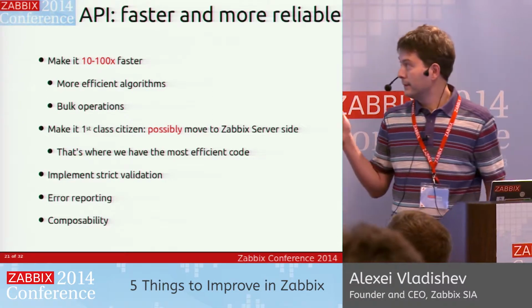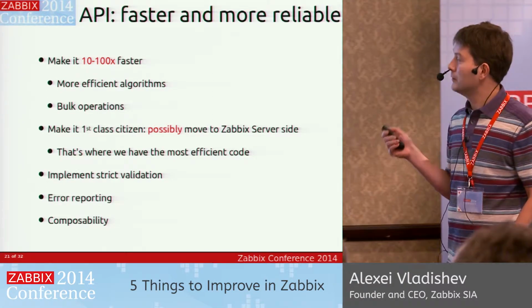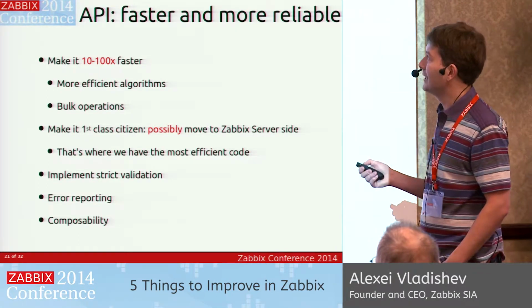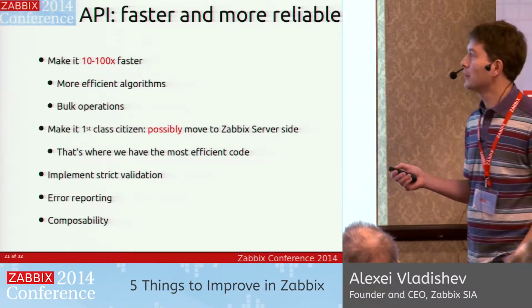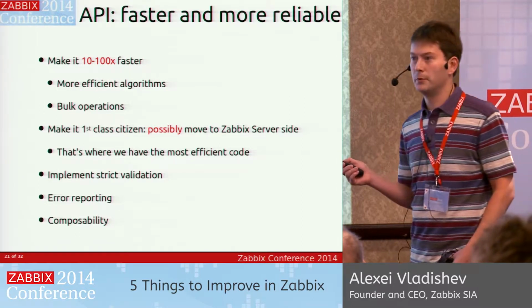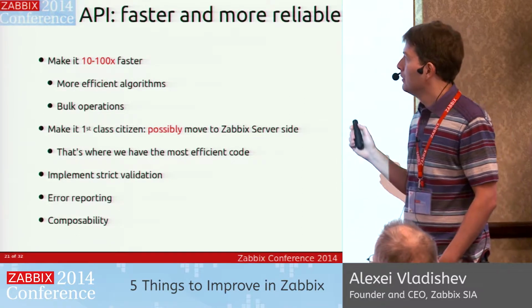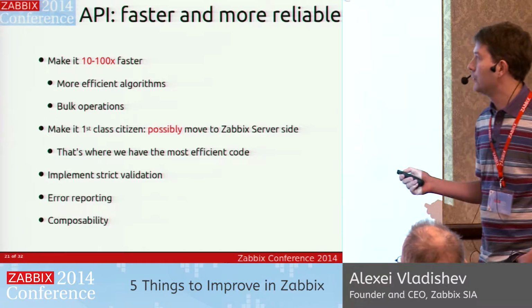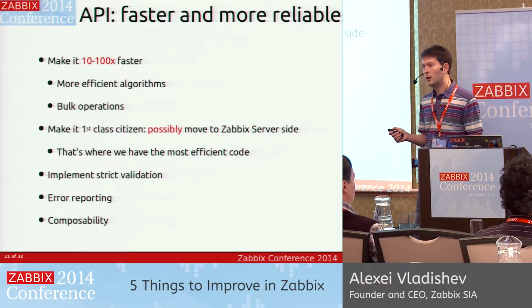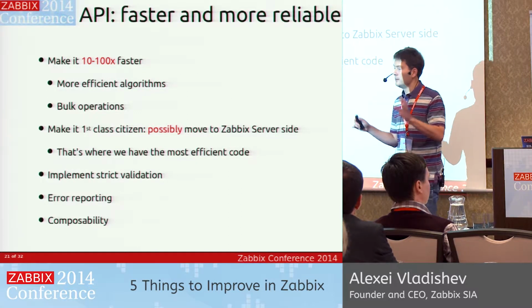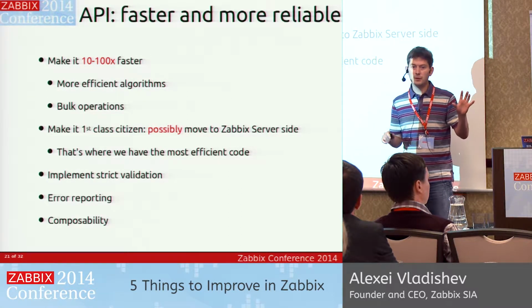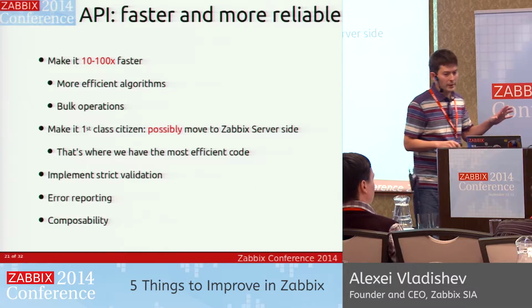So that's what needs to be done. We need to make it 10, 100 times faster. With bulk operations and more efficient algorithms, I think it's absolutely possible. We need to make it a first-class citizen. Now, the API is kind of part of the front end. It's not a separate entity which we take care of.